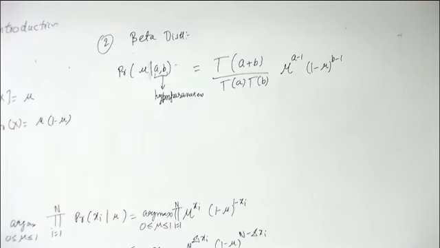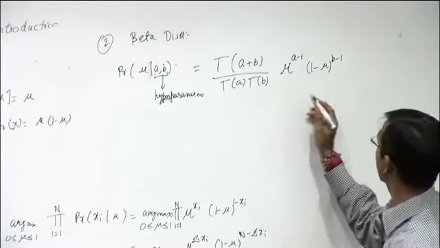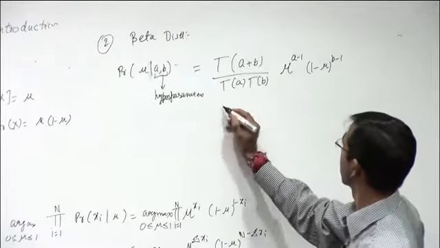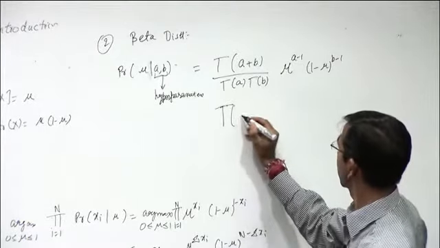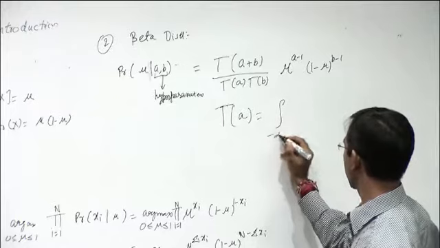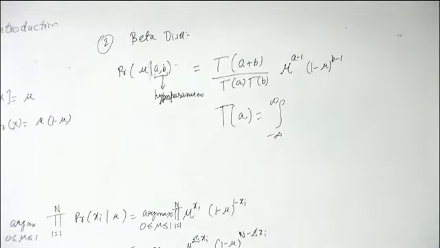Let me define the gamma function properly. I don't remember it ever. This gamma function is given by, so gamma of e is given by the integral from minus infinity to infinity.